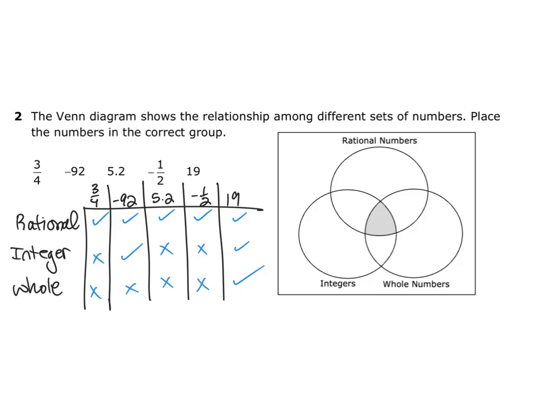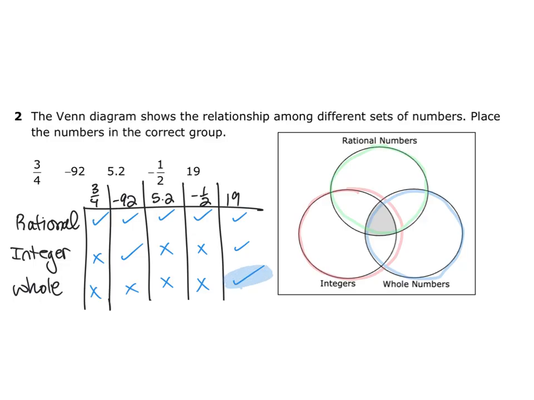I'm going to color code a little bit here. I'm going to make my integer region red and my whole number region blue and my rational number region green. There we go. That looks pretty good. So first I think I'm going to just work from whole numbers up. What did we say was a whole number? Just 19, right? 19 is a whole number.